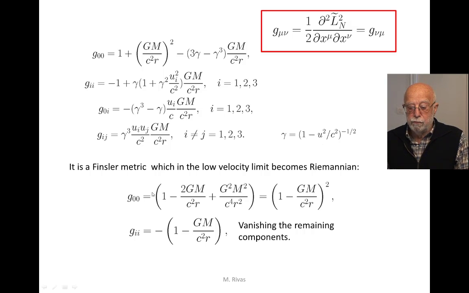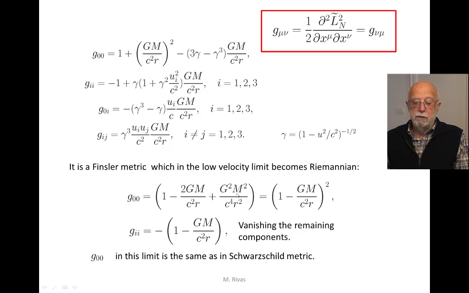Of course, there are no velocity terms here. And in fact, if we analyze this term, it's basically the square of this one. If it is negligible, this G00 is in fact the Schwarzschild G00 term of a metric of a point in the gravitational field of a capital M mass.